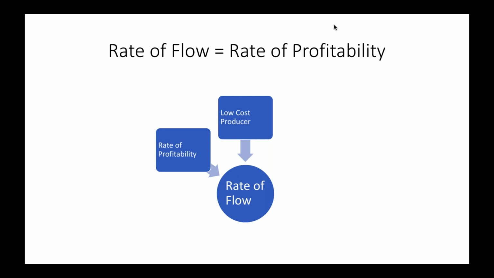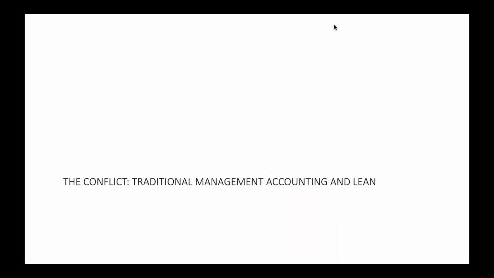Lean companies don't work that way. Lean companies know that the faster they flow, the better the costs will be managed. And finally, managing flow creates a long-term profitable growth strategy. So that's the way the economics of lean works.